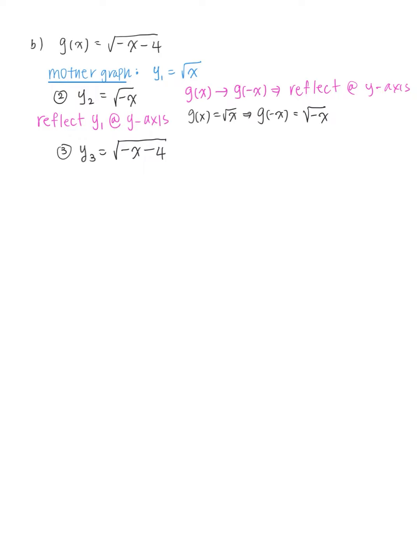And do you remember this? If you're given f of x, then remember what's going to happen if I go f of x minus h. When I change that, remember, we're going to have a horizontal shift. So we need to shift the previous graph 4 units to the right because you have a negative sign in between here.